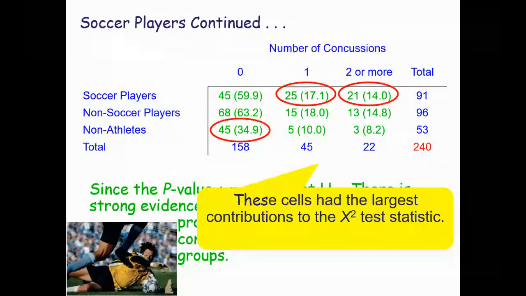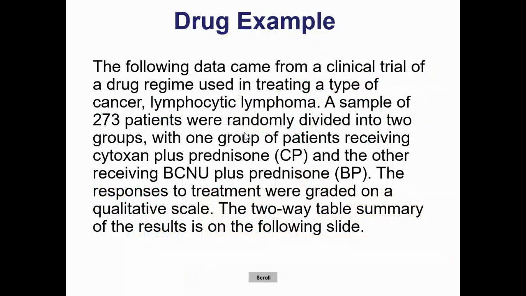So soccer players with basically 1 and then 2 or more concussions, and then non-athletes had none. Those contributed the most. I think it's safe to say that soccer players, yeah, they do tend to get more concussions. Okay, next example.